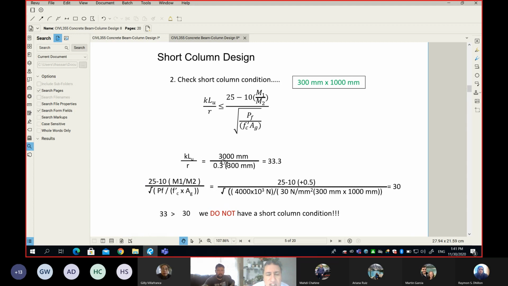So what you have to do is you estimate the KL. So this number is given, the KL over r, which is K multiplied by L unsupported, 3000. Next is you divide by the radius of gyration of your column. Now I know some of you will say, why, Tahir, you did not divide by the 1000? Why did you not divide by 1000? Any help?